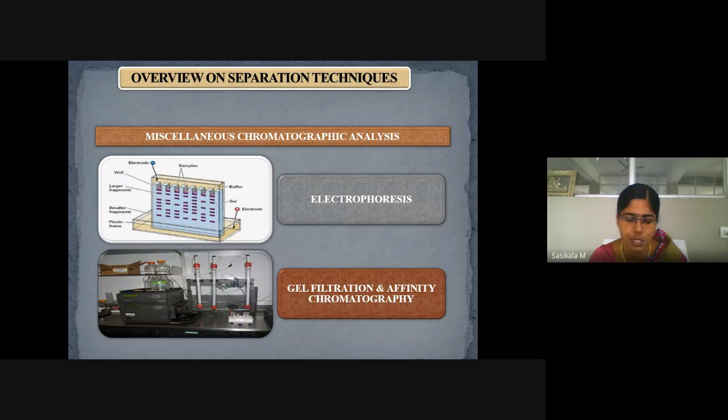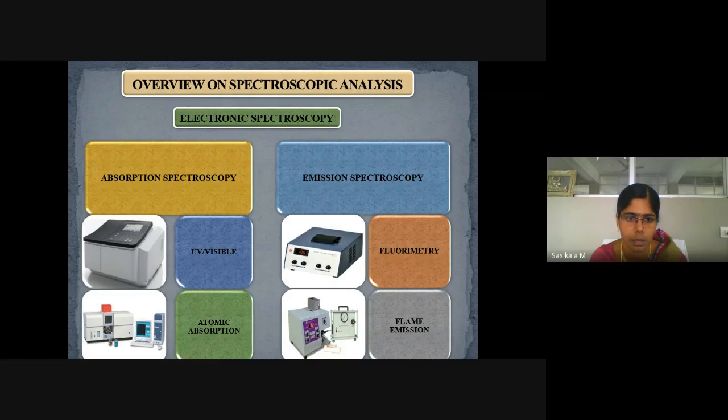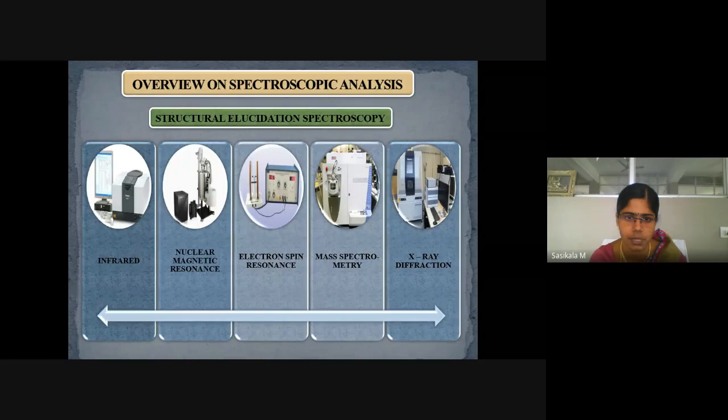Gel electrophoresis is also available in our campus, so you can learn the electrophoresis technique. And for absorption, UV visible, fluorimetry, and flame emission, these three techniques you are going to do in practicals also. Atomic absorption is not available; only UV visible, fluorimetry, and flame emission you will be carrying out with the instruments during your practicals. For structural elucidation, we don't have any instruments mentioned here.